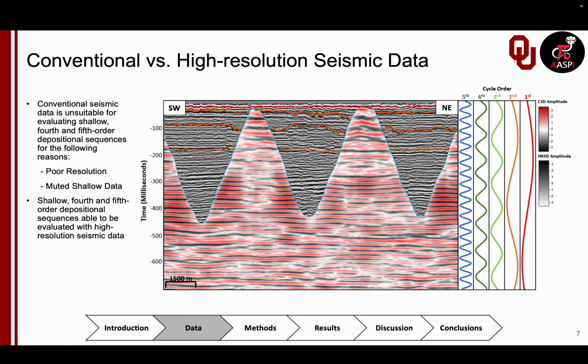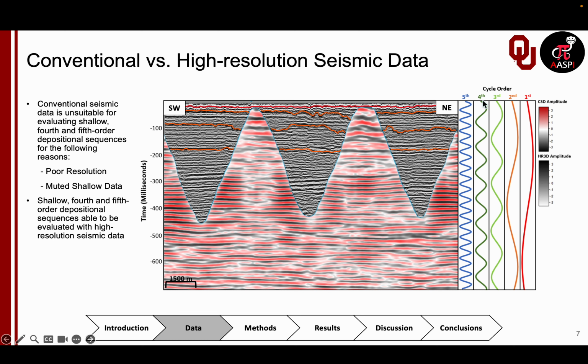So what this looks like versus conventional seismic data is something like this. Over here to the right, we have the typical thickness, or in this case time, of first through fifth order depositional sequences. And we can see our conventional seismic data here in this red and black color scale is very useful in delineating these first through third order, say, depositional sequences. It has the resolution to do so.